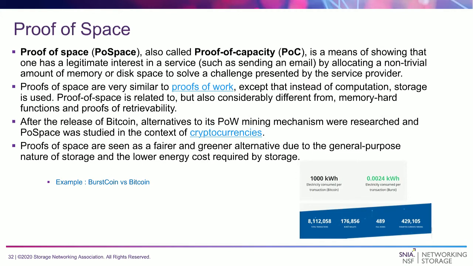A couple of things we need to mention. Proof of space and proof of capacity are very frequently used interchangeably. And what it allows you to do is use the memory space to complete the transactions.